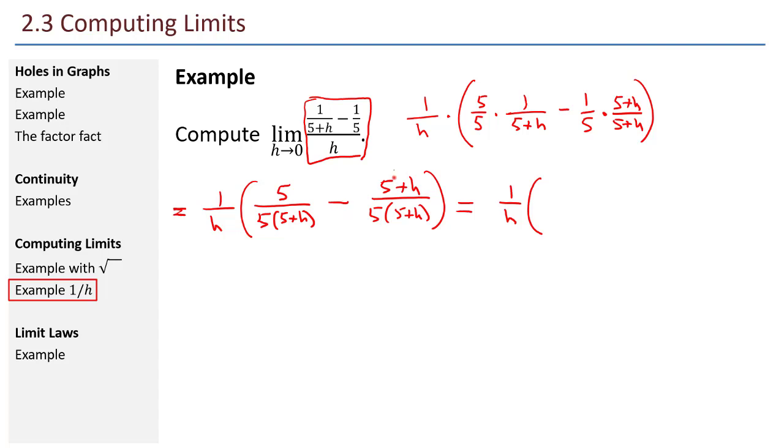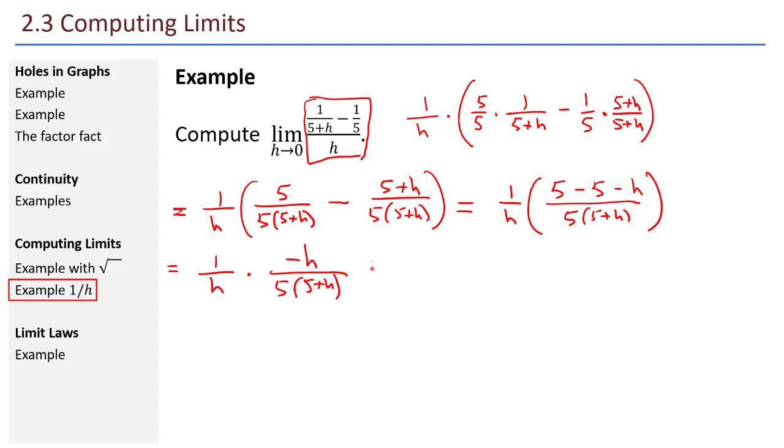So 5 minus the quantity 5 plus h gives me 5 minus 5 minus h. It's that second minus that people miss. This is over 5 times 5 plus h. Alright, so what is that really? This is 1 over h times negative h over 5 times 5 plus h.